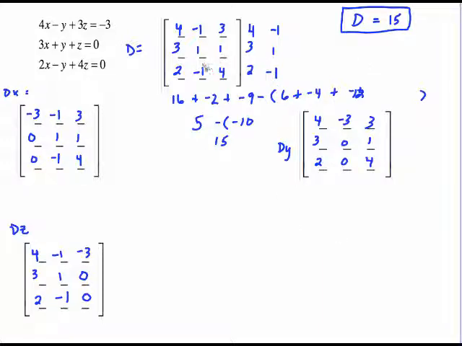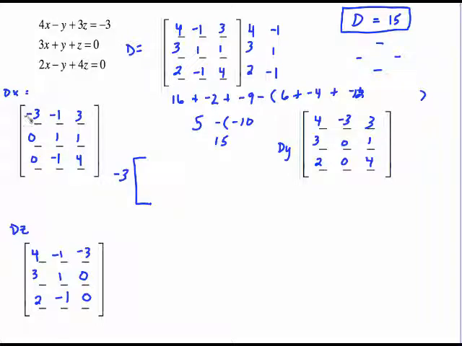I evaluated the determinant of the D matrix by the diagonal method, but I notice in the Dx, Dy, and Dz that I have these columns that have zeros in it, which makes it a lot easier, in my opinion, to do expansion by minors. Since I have zeros in this column, I'm going to expand on the first column. So I take the coefficient of negative 3, which is in a positive position. Remember, your negative positions are the 4 that make that diamond configuration, so that stays in the positive position, so the coefficient stays what it was.